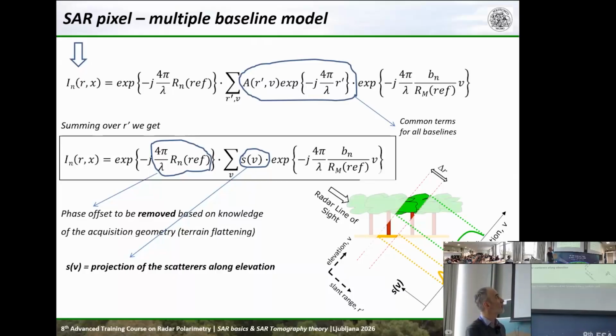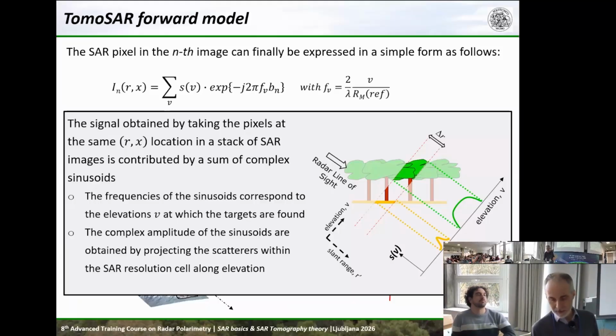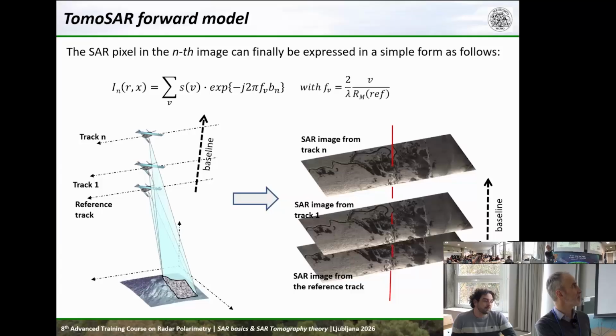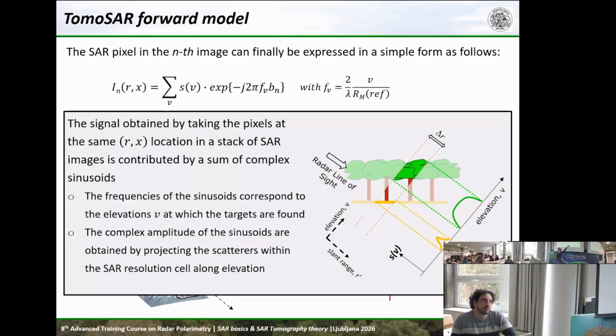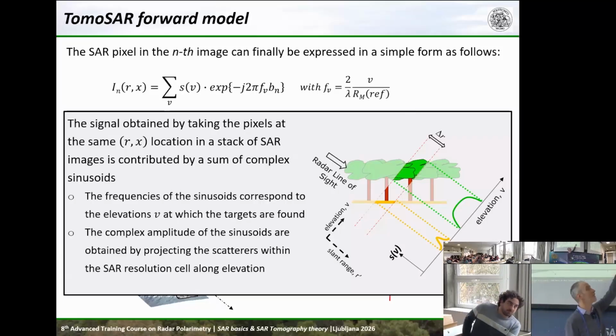After we do that, our mathematical model says that if I take many images and take the same pixel out of every image, this series of pixels is nothing else than the Fourier transform of the projection of my resolution cell. So if I compute a Fourier transform, I can retrieve this signal.